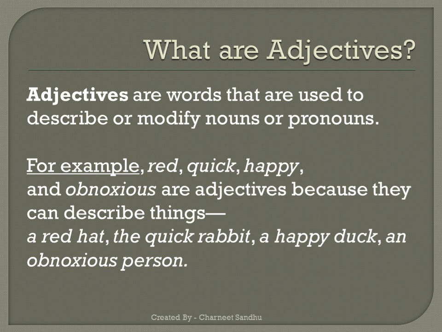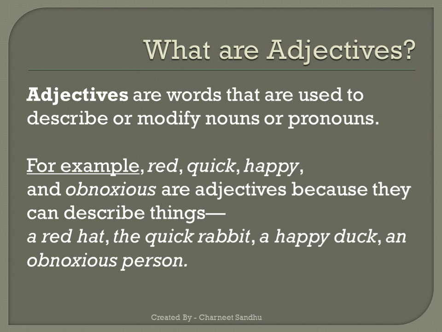Let us begin by understanding what adjectives are. Adjectives are words that are used to describe or modify nouns or pronouns. For example, red, quick, happy and obnoxious are adjectives because they can describe things.